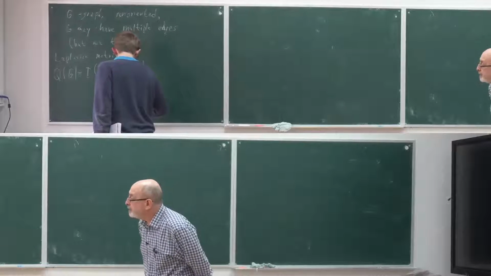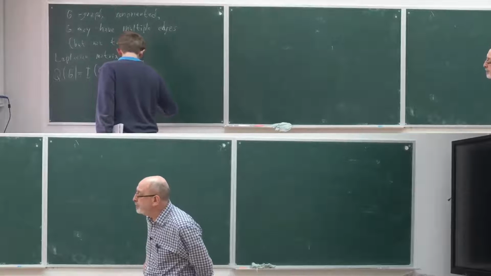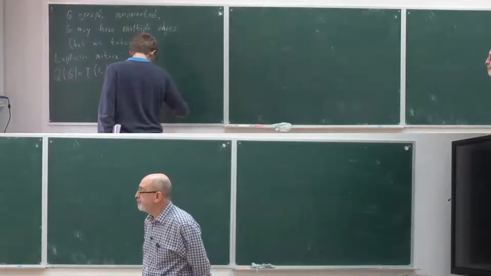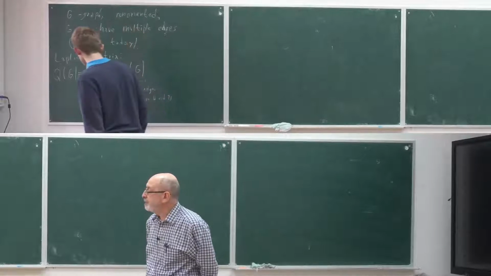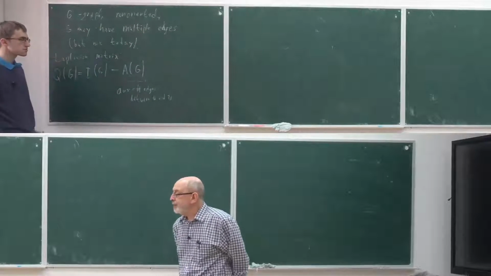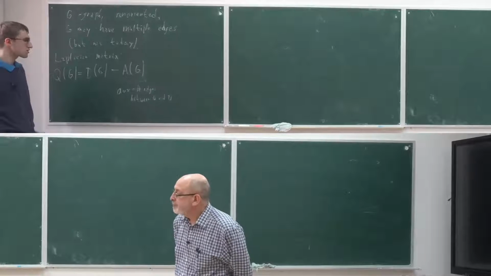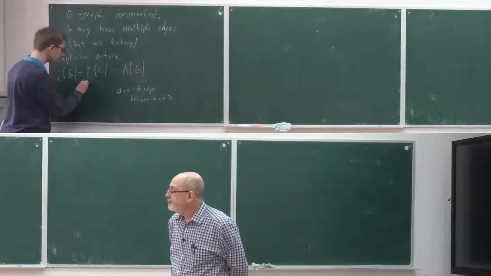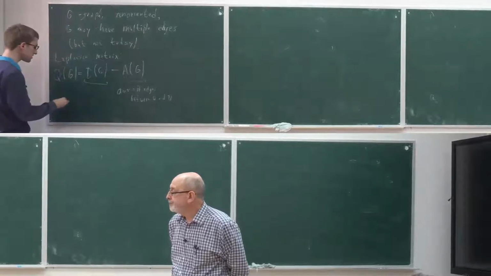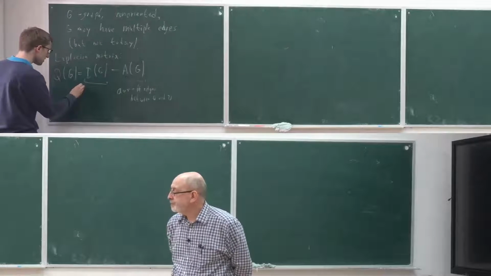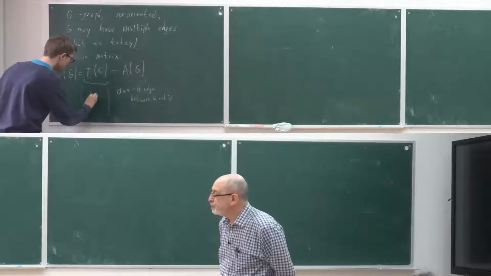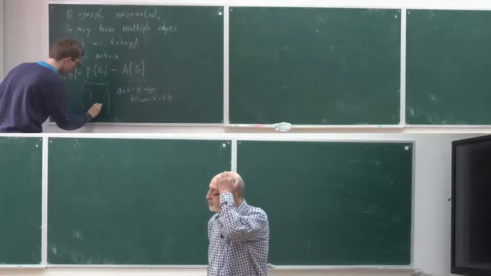In this case, we do not choose some orientation, so we still have a symmetric matrix rather than a skew-symmetric one. So A of G is a symmetric matrix. And D of G is just a diagonal matrix, and on the diagonal we have the degrees of the vertices.